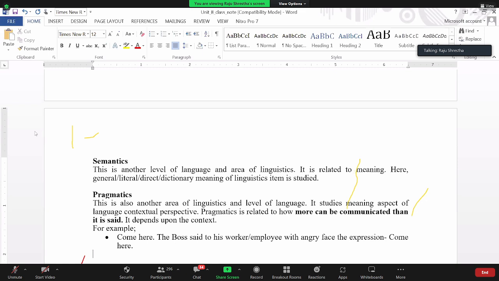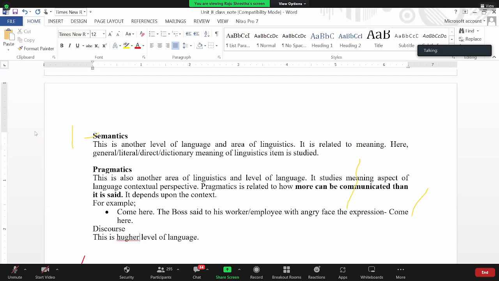This kind of knowledge we can use in the language teaching context. So discourse is a higher level of language, and it studies language in conversational context.